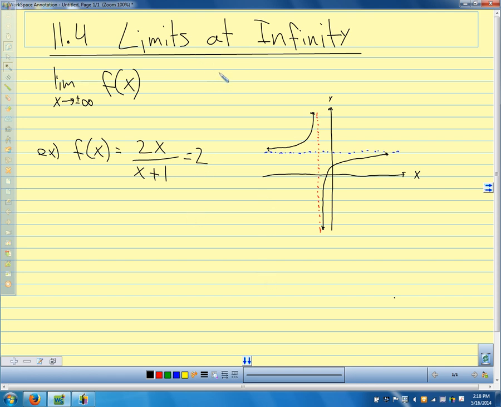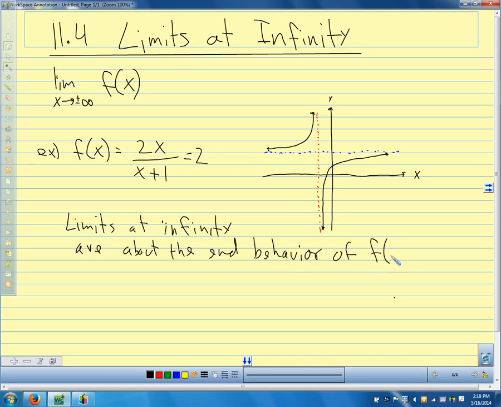Limits at infinity are asking about the end behavior. Our end behavior has to do with horizontal asymptotes.